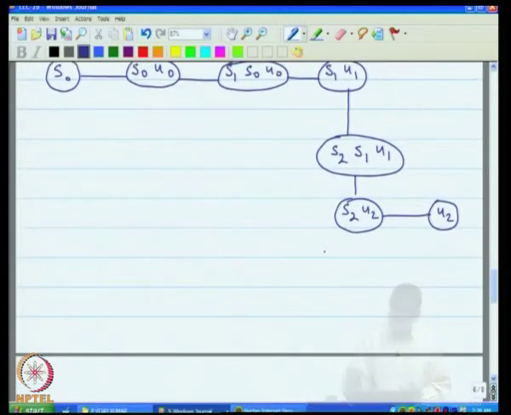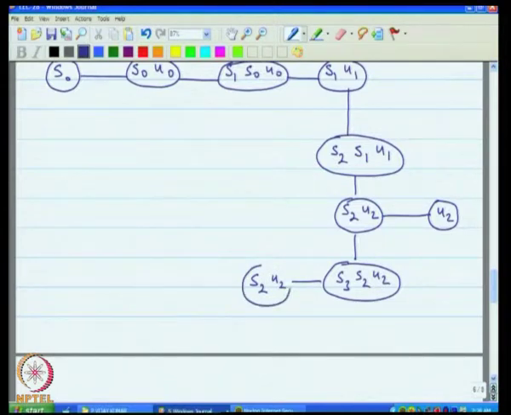And similarly, now you would have S3, S2 U2, and you can connect U2 here.